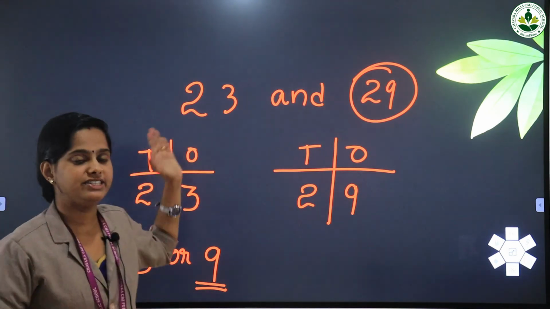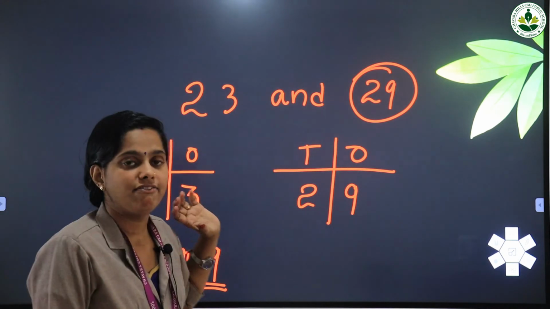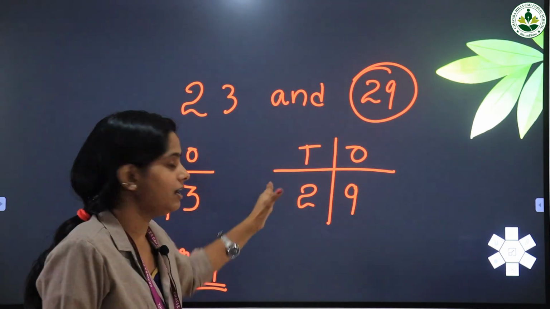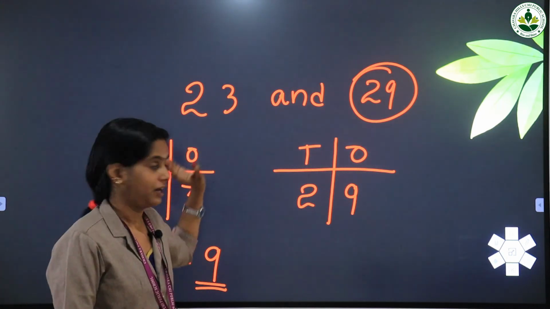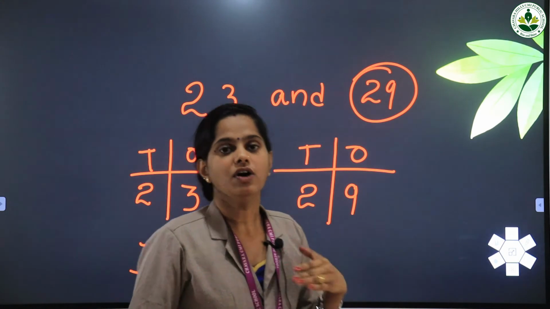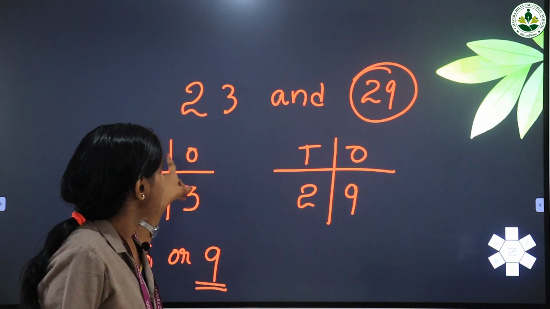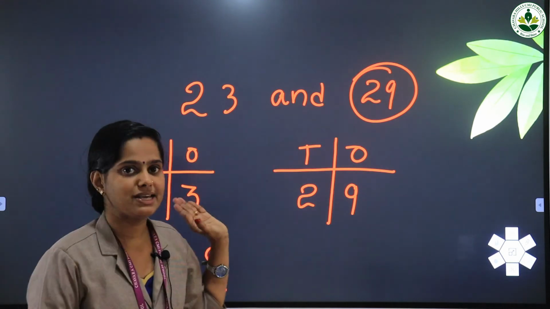To compare 23 and 29, first we place the numbers in the place value chart. Then check how many digits are in each number. We can see that 23 and 29 have 2 digits. So we move to another method. We compare the digits in the tens place, but here the digits in the tens place are also the same.